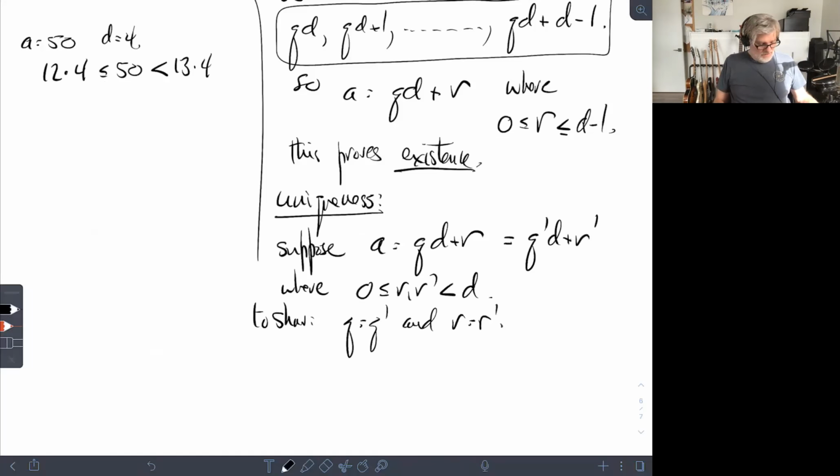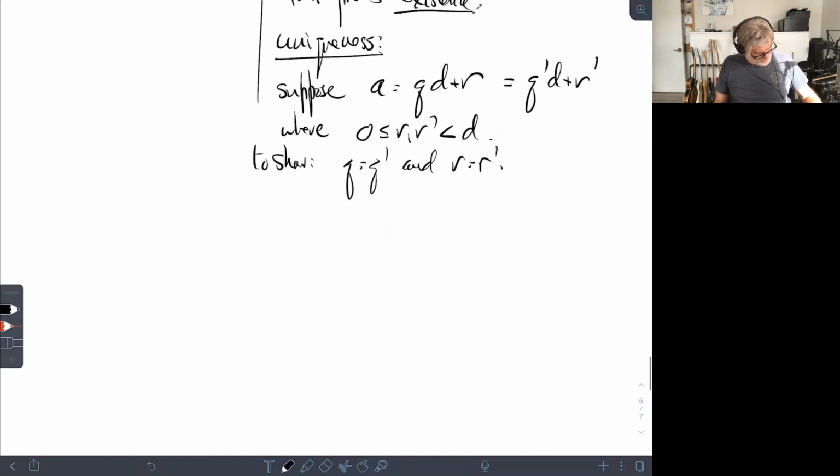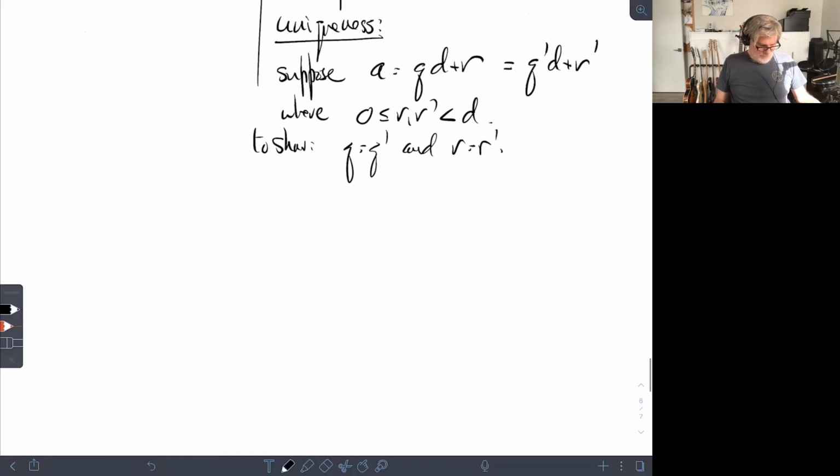Okay, this one is a little... Okay, let's do it. You're grown-ups, we can do it. So how do I do that? Well, I've got QD plus R equals Q prime D plus R prime. I'm going to put all of one stuff on one side and the other stuff on the other side.